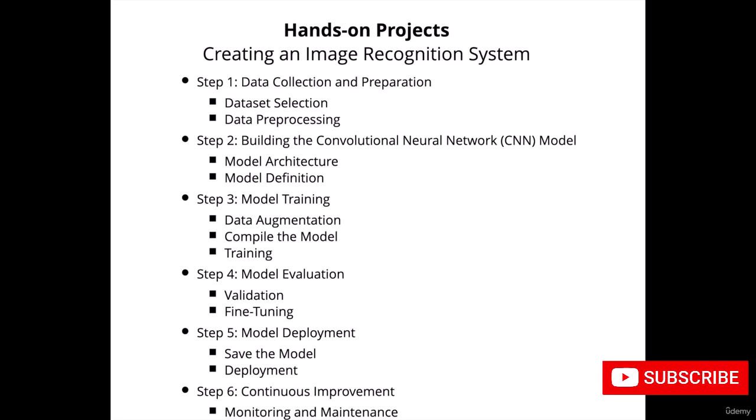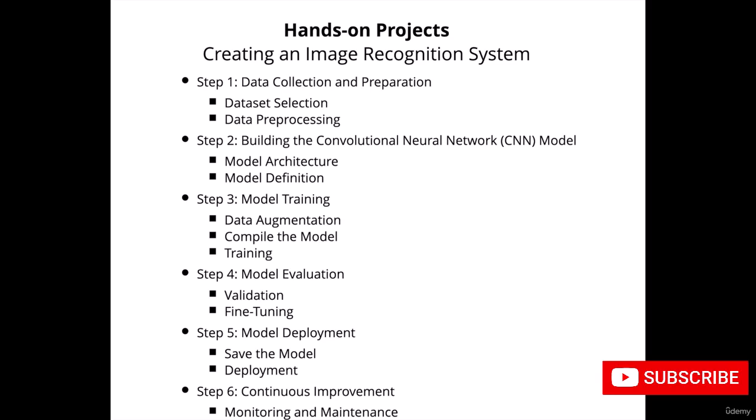Data preprocessing. Pre-process the images by resizing them to a uniform size, normalizing pixel values, and converting them to arrays. TensorFlow provides tools like ImageDataGenerator for pre-processing. Step 2, building the convolutional neural network or CNN model. Model architecture: design a CNN architecture suitable for image recognition.